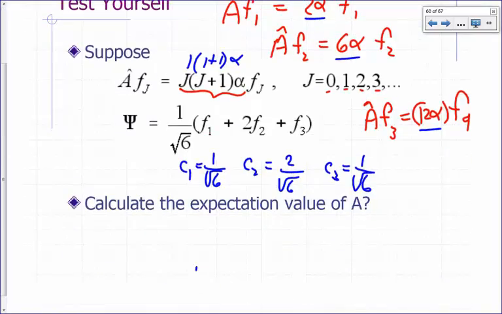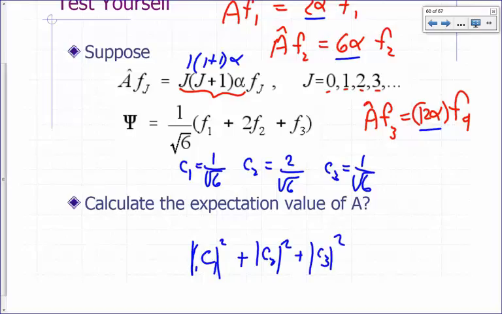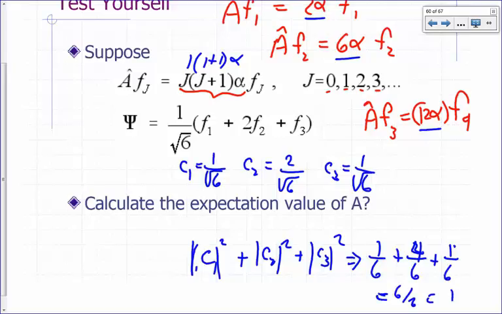Let's verify. What is C1 squared plus C2 squared plus C3 squared? 1/6 plus 4/6 plus 1/6. So that's 6 out of 6. So psi is normalized.